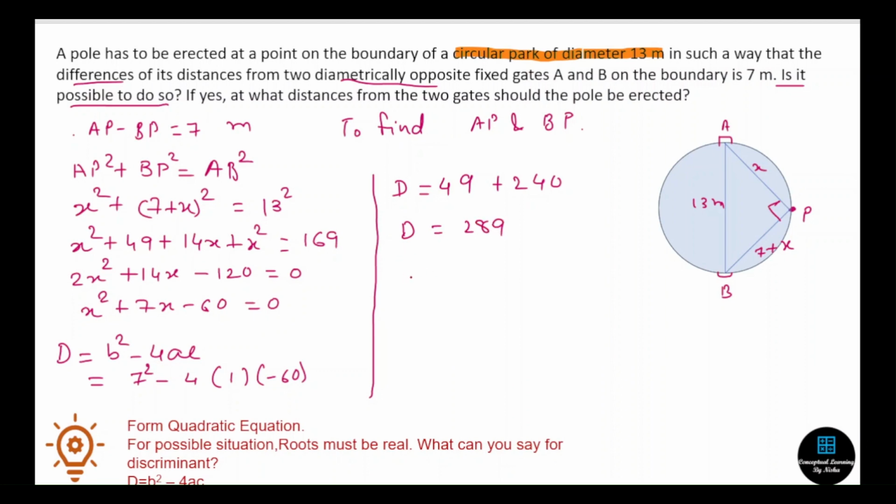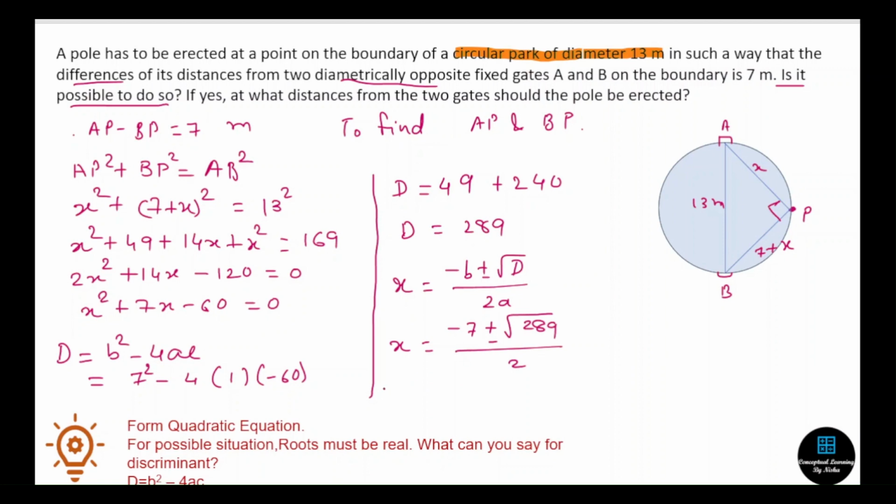Now once we get the discriminant, we can use the quadratic formula. So x is equal to minus b plus or minus square root of D upon 2a, and I can find the value. So minus 7 plus or minus square root of 289 upon 2.